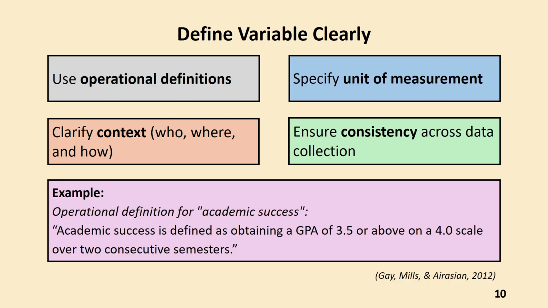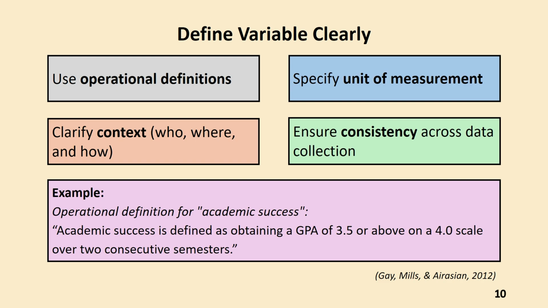Whatever norms or criteria you have set, that I am going to consider this score as academic success in this year or this semester, that is purely contextual, purely varied from research to research.